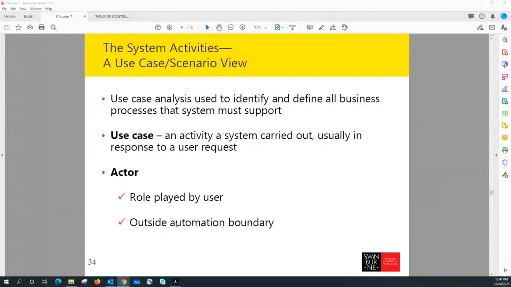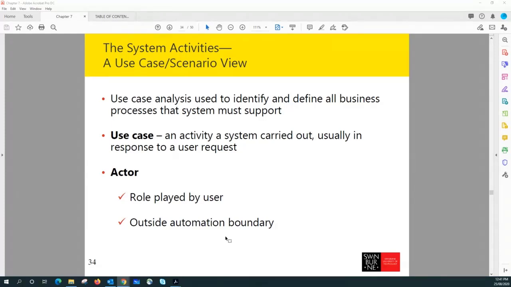All these actors are placed outside the automation boundary, right? Now we are talking about the automation boundary. But in the data flow diagram, we didn't distinguish the automation part. We just simply focus on the system itself. So whoever sits inside the system are the internal agents, performing some activities, represented as processes.